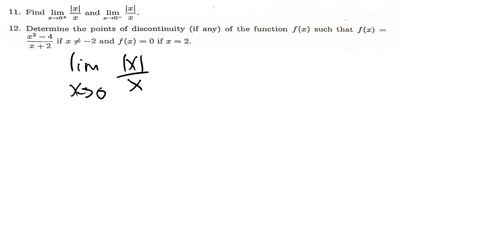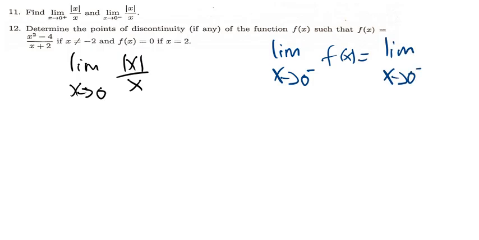So if the limit as x is approaching 0 from the left side of f of x is equal to the limit as x is approaching 0 from the right side of f of x, then the limit exists.